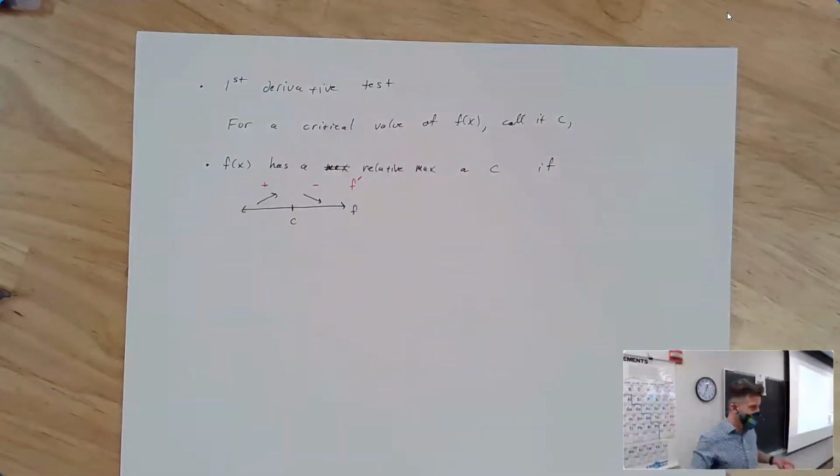That makes some amount of sense. If your function is increasing before your critical point and decreasing after your critical point, it had to top out.